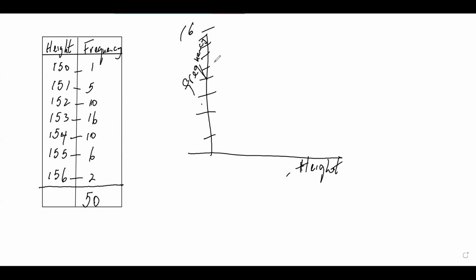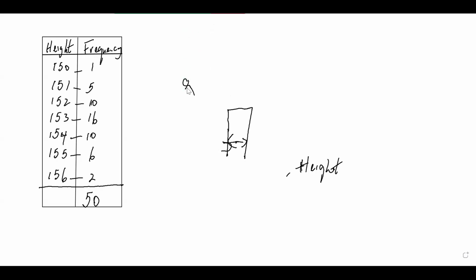Each bar must be equal size. It must be the same size. Keep that in mind when you're drawing your histogram. So I'm giving you that one for homework. That is not the part I'm interested in.